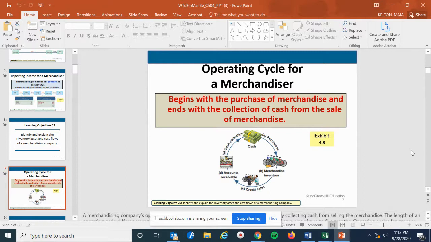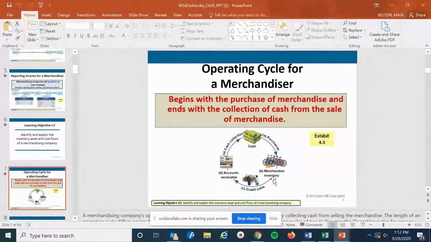And from an accounting perspective, we will be very interested in accounting for the transactions that happen here, where the company uses cash to purchase inventory. So we know what that means. Inventory will be increasing or being debited, and then cash will be decreasing or being credited.